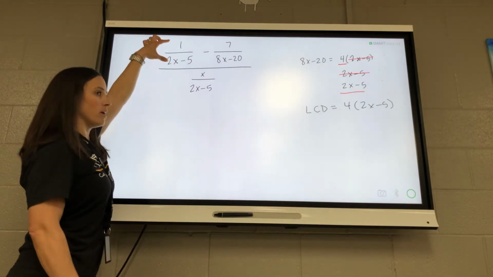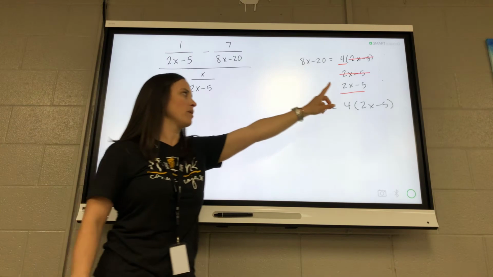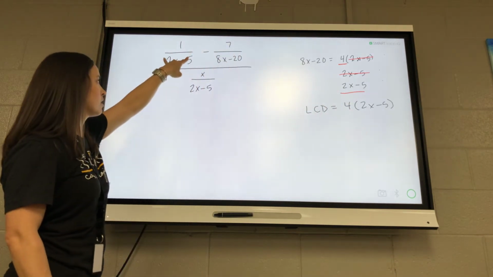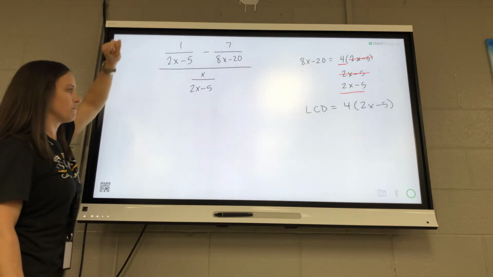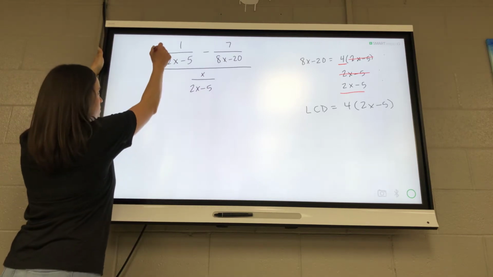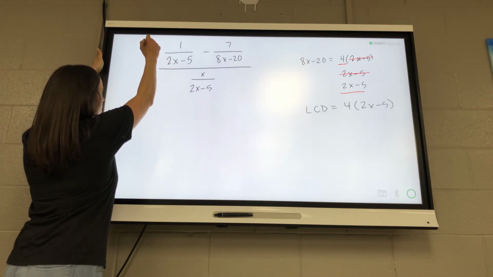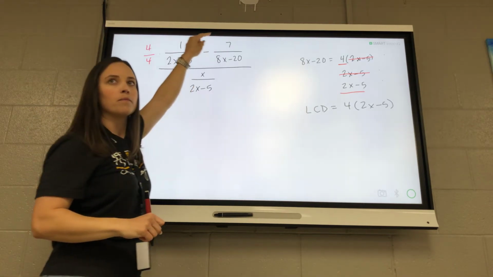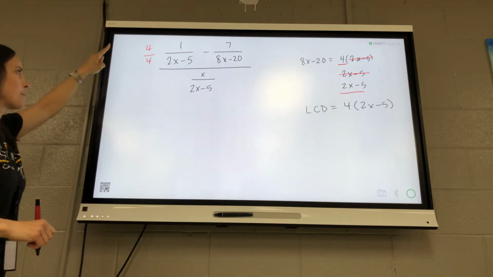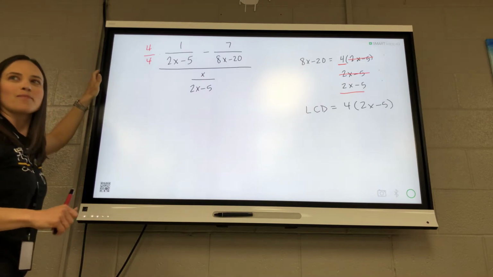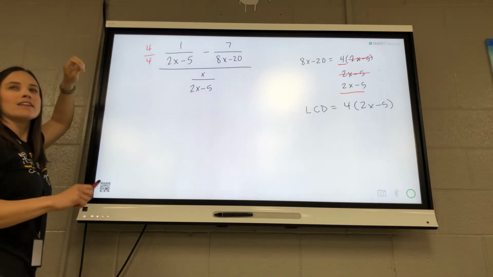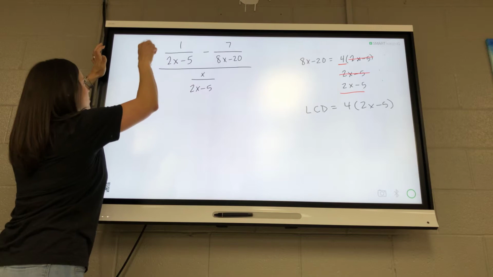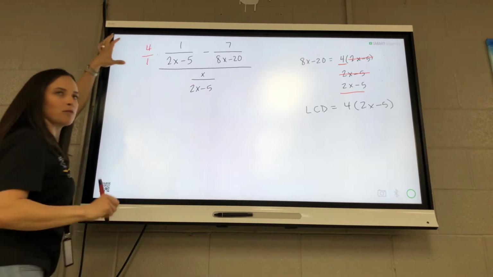So what do we need to multiply this term by so that we have our least common denominator here? Times 4. We can do this over 1 if that makes you feel better.